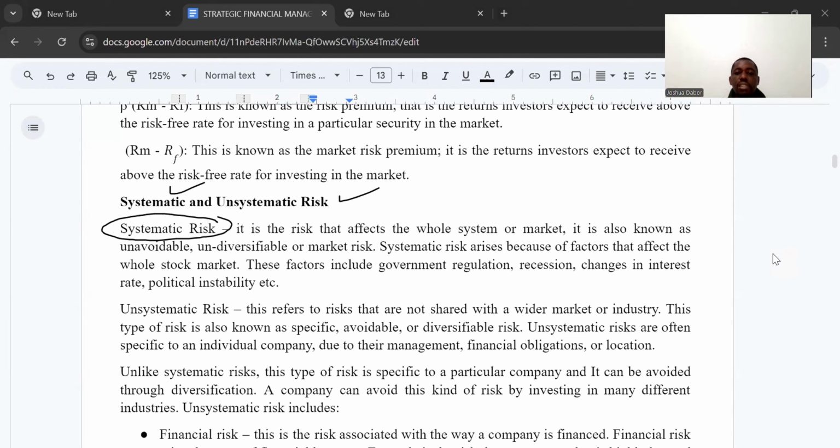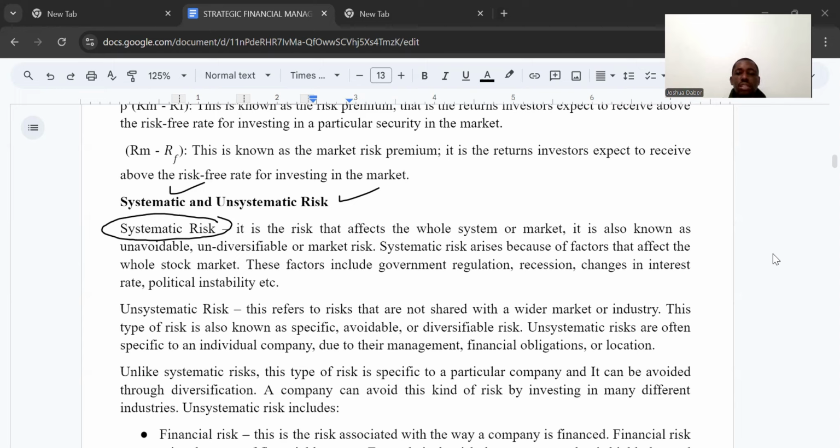Systematic risk arises because of factors that affect the whole market. These factors include government regulation, recession, changes in interest rates, and political instability. All of these factors put together, every company that operates in the market faces one or more of these risks. So it is not a risk that you can avoid so long as you are in the stock market.